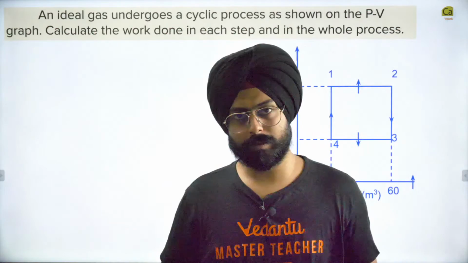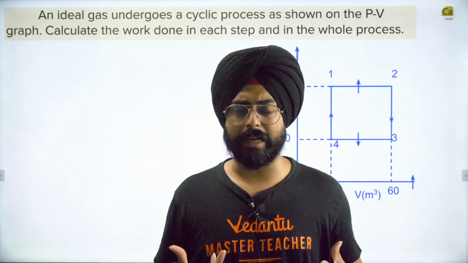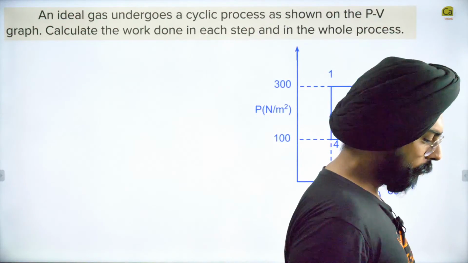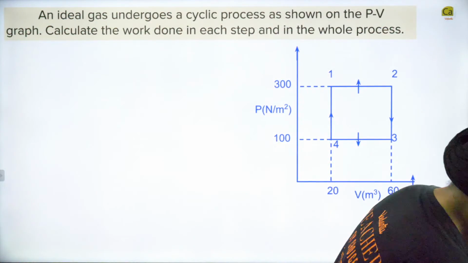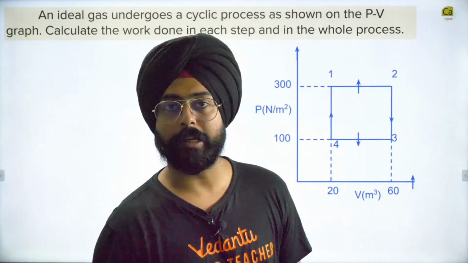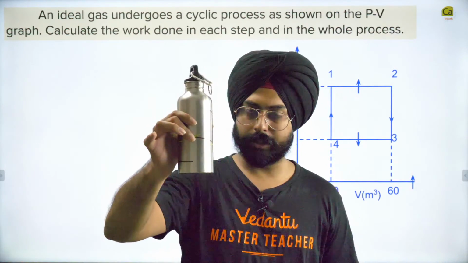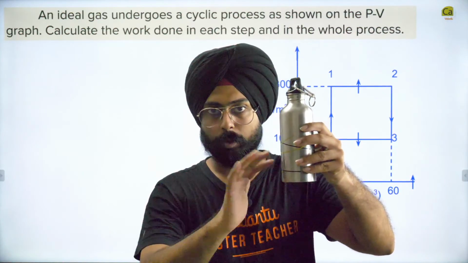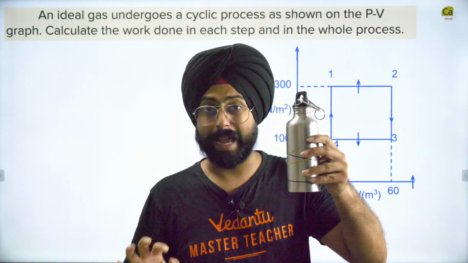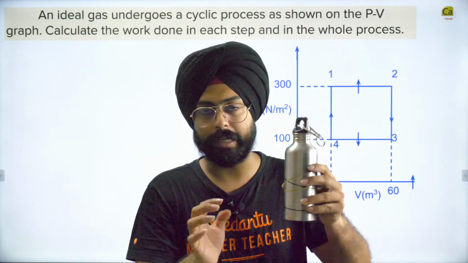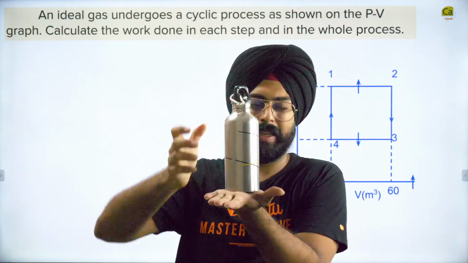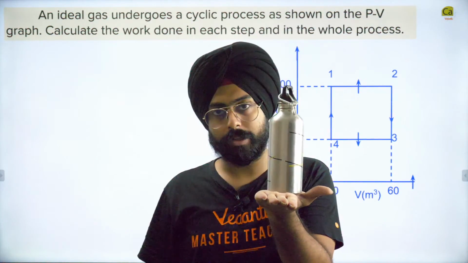Now the question is, how and why is internal energy a state function? My dear friends, think about potential energy. Let's say this is a bottle. Does it matter what the absolute potential energy of this bottle is right now? I'm going into physics right now. Let's say this is the base where the bottle is initially.